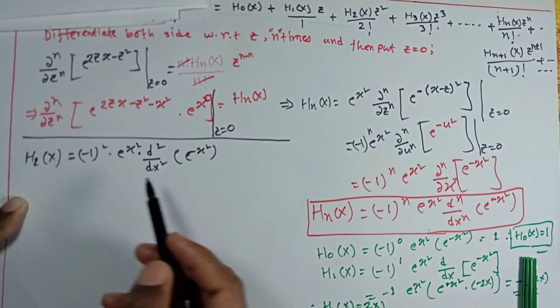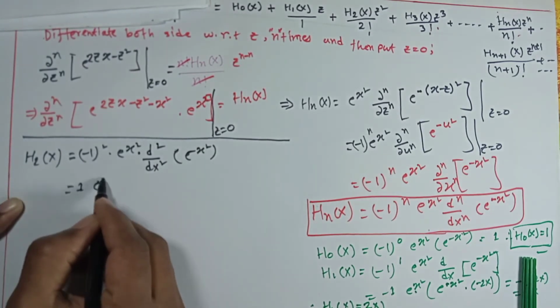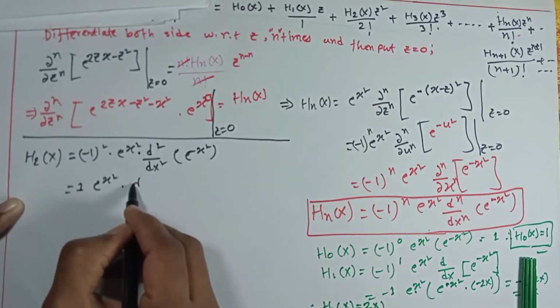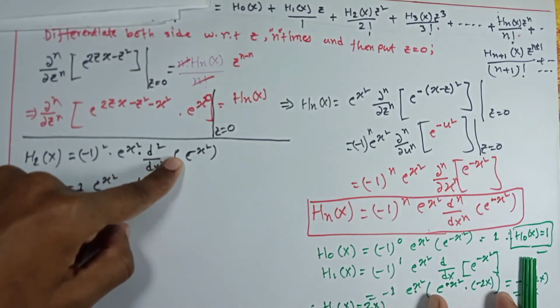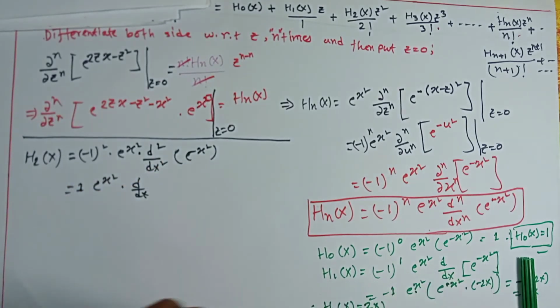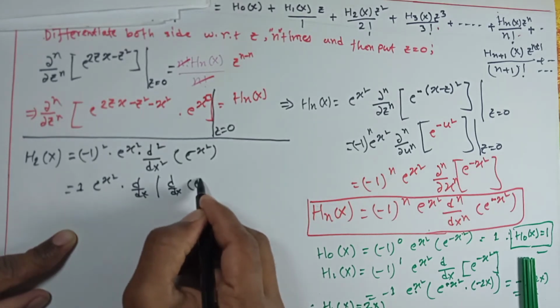Okay, then we get that is 1 plus 1 e to the power x squared into d/dx of, that is, we have already got the first derivative, d/dx e to the power minus x squared.